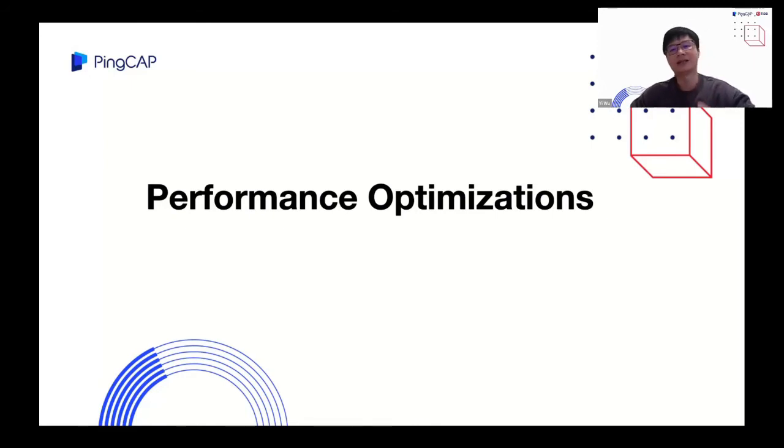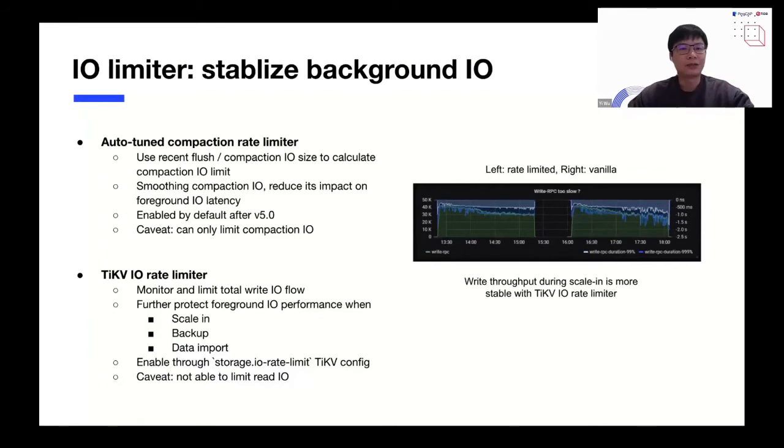With EBS, the I/O throughput is limited, and for us we usually use EBS volumes with a throughput limit of several hundred megabytes per second. When compaction kicks in and eats up the I/O throughput, it will hurt the foreground I/O latency.